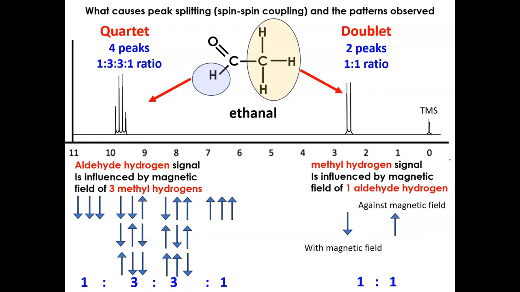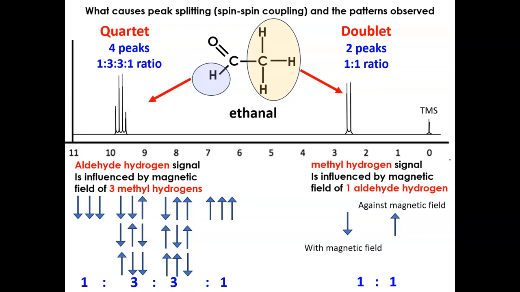It's a bit complicated, this, and they'll never ask you this, but here's why. Those are the arrangements for the 3 methyl protons. If we look at the arrangements, and I've used the up and down arrows to show the possible arrangements, they could all 3 of them be against the field or with the field. And of course, we can have 2 up and 1 down, and 2 down and 1 up.